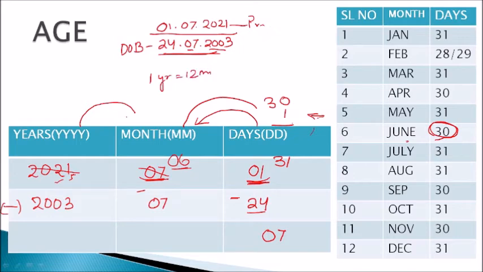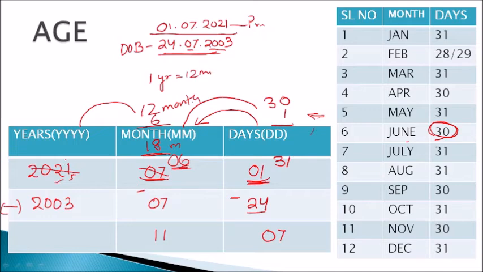So we have to borrow 12 months from the years column. So here we can add 12 months, and we already had 6 months. So 12 plus 6 will be 18 months. Now in the months column we have 18 months. Now we can subtract 18 minus 7, that will be 11.